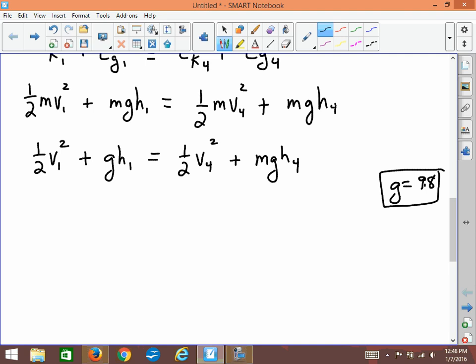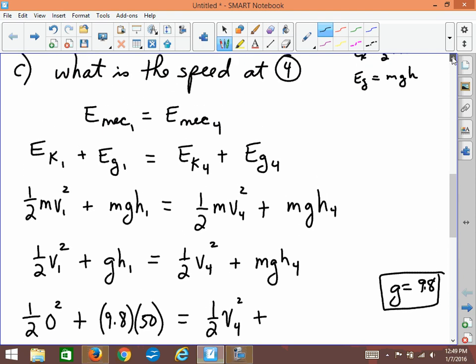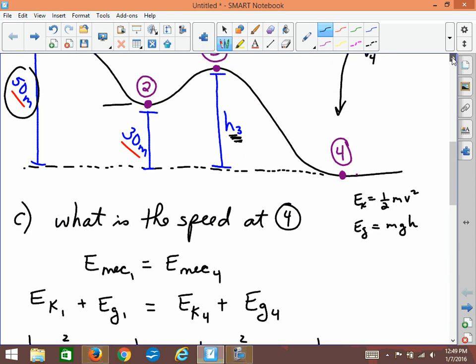Well, we're still using the same numbers from position 1. Those didn't change. There was 0 speed and 9.8, and it was 50 meters high. Position 4 is different. We're trying to find the speed, so we don't know that. And what's interesting about position 4 is, look at the picture.